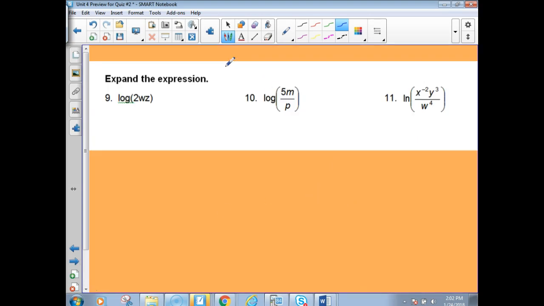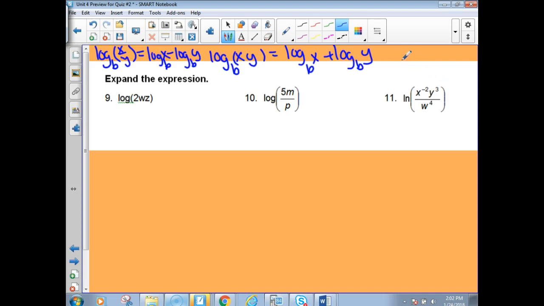Expand the expression. We're going to be using our logarithm rules. So rules that you're supposed to know: the log in base b of x times y is equal to the log in base b of x plus the log in base b of y. You also are supposed to know that the log in base b of x divided by y equals the log in base b of x minus the log in base b of y.